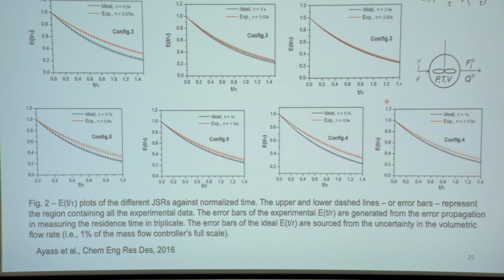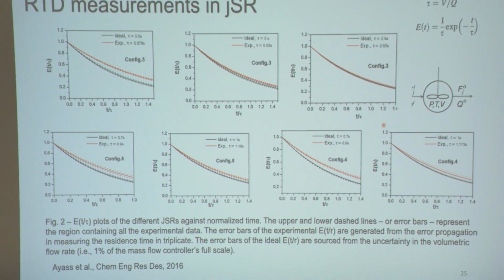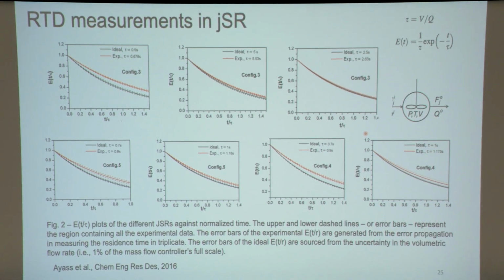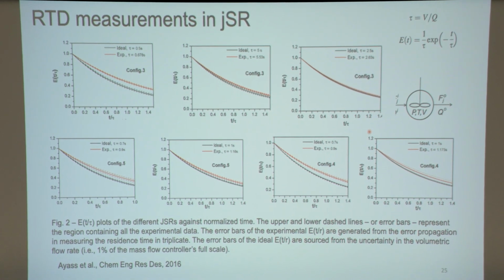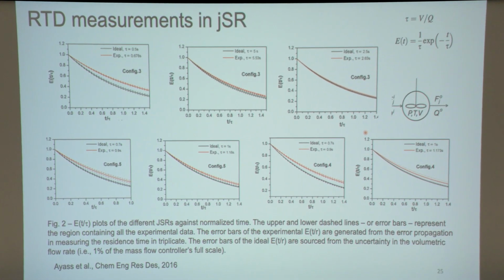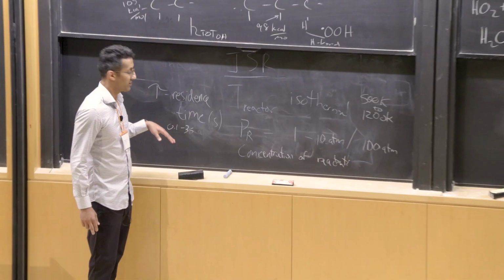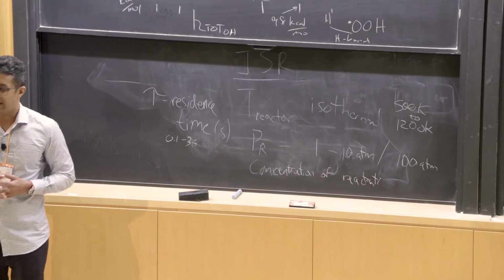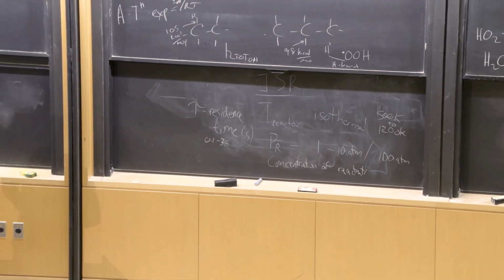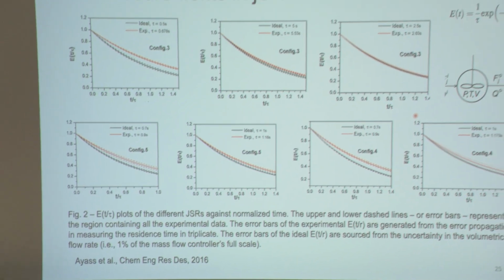Whenever you design these types of jet-stirred reactors, you need to find out, based on the volume of the reactor, V, and the inlet flow rate of mixture components, what the flow rate condition should be to ensure that you have a residence time in the well-mixed regime. Because in the end, you need to model this as a well-mixed reactor.